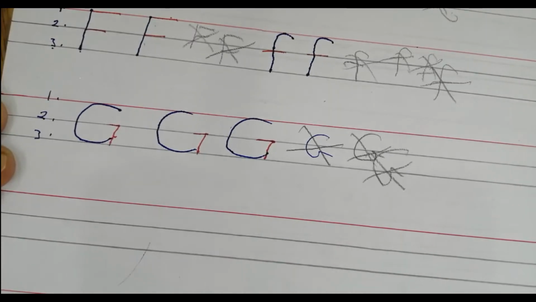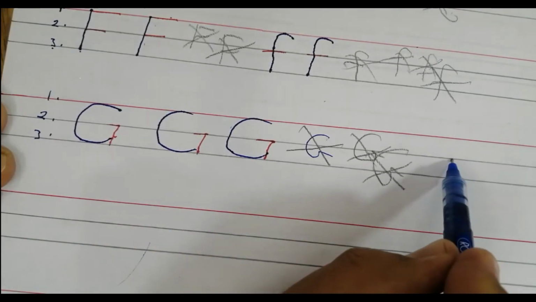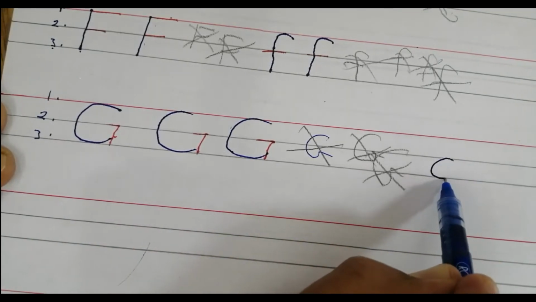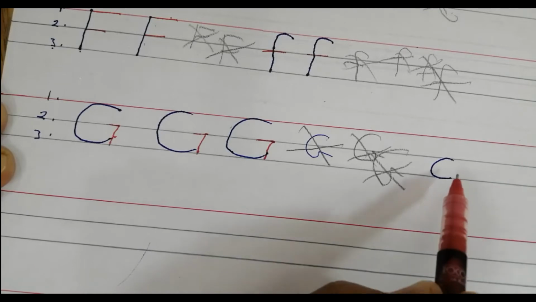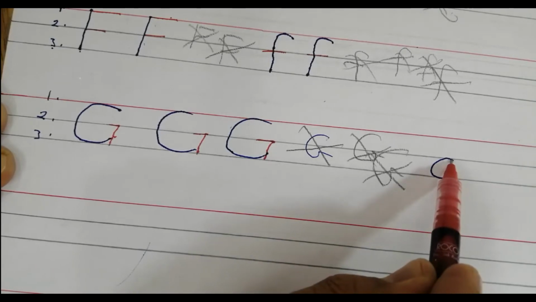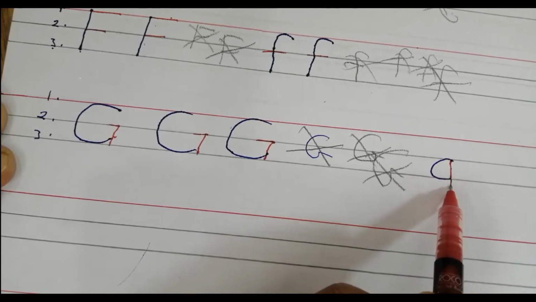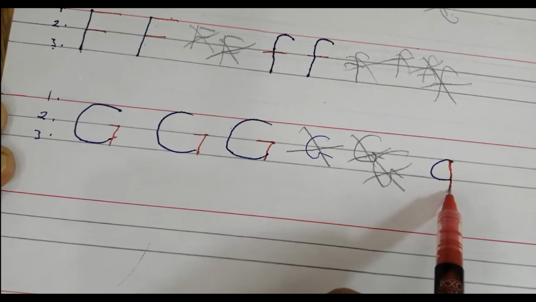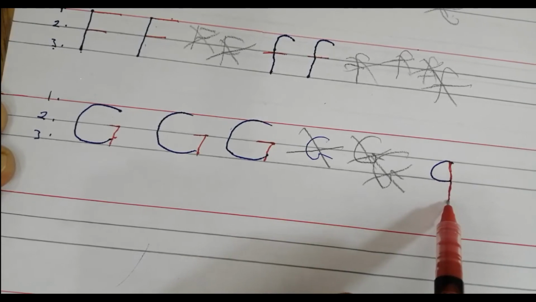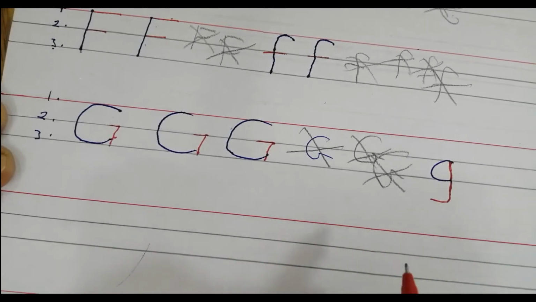Small g, half circle between line 2 and line 3. All small letters work on line 2 and line 3, or between line 2 and line 3. Then a falling line going from line 2, you see, and close here, cross line number 3 and go down here like that, and sleeping here.